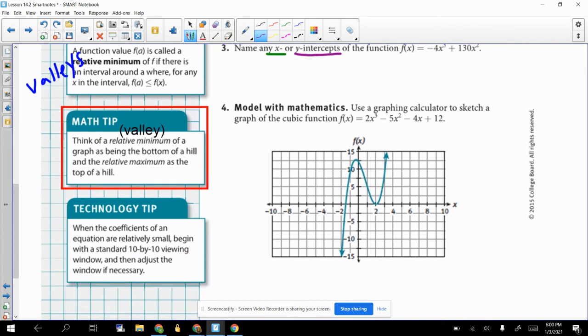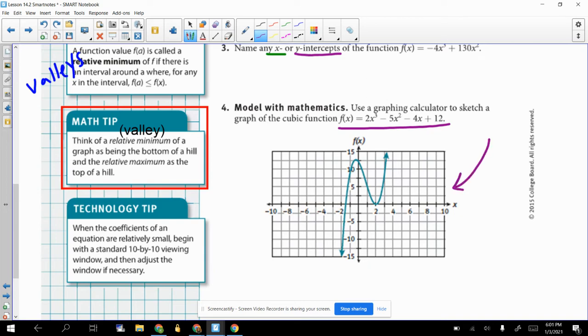So number 4 here says, using a graphing calculator, sketch the graph of 2x cubed minus 5x squared minus 4x plus 12. So first of all, that's in standard form. You're good to go. If you would like, you could pause the video and plug that into your graphing calculator. But you should get something that looks like this on your screen.